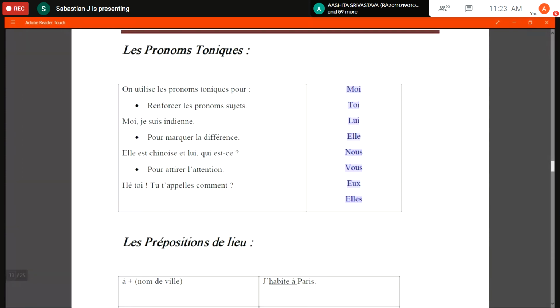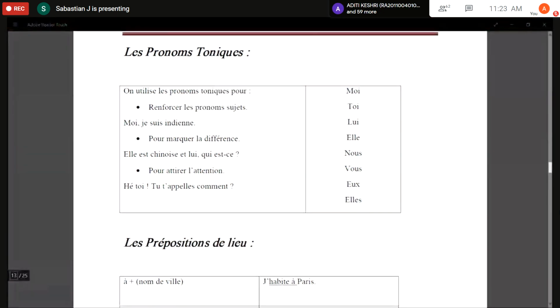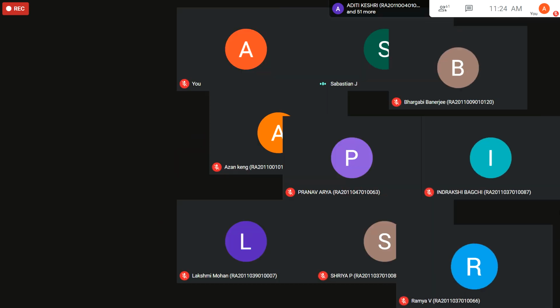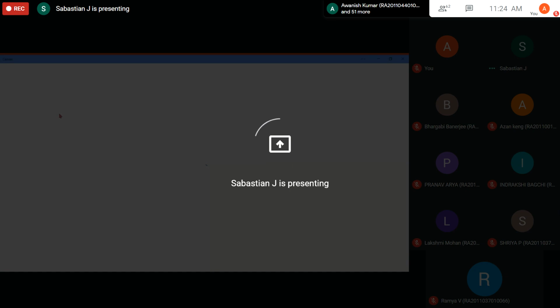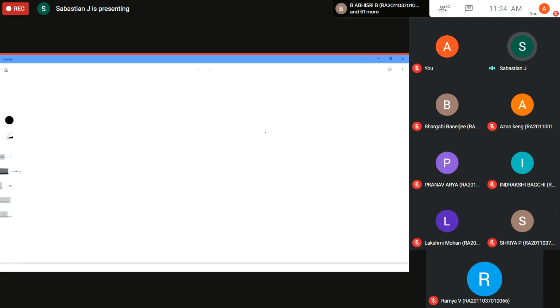Okay, so those are subject pronouns, and these are stress pronouns or disjunctive pronouns. So here, let me share one. Can you see a blank sheet? Yes, sir.